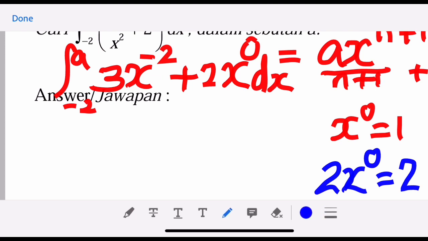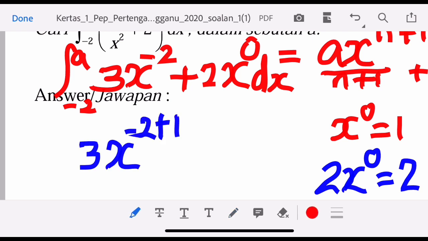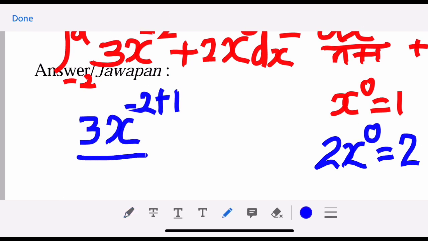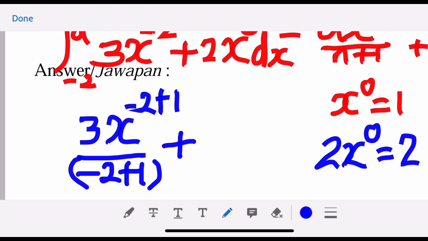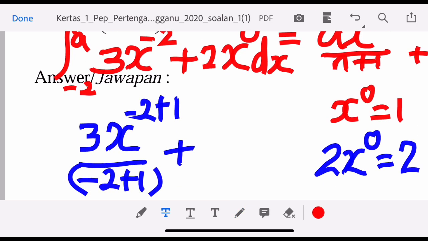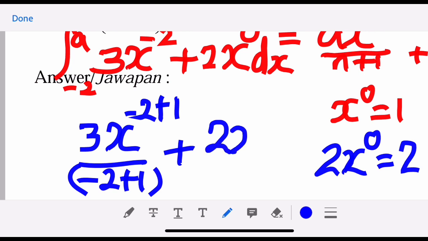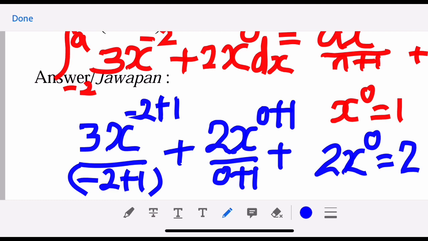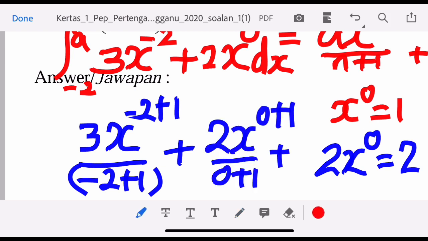So now I can write like this: integrate term by term, 3x^(-2+1) and then you have to divide by -2 plus 1, alright, and then plus 2x^(0+1) over 0 plus 1. Plus C, no need, right? Because you are having the definite integral.